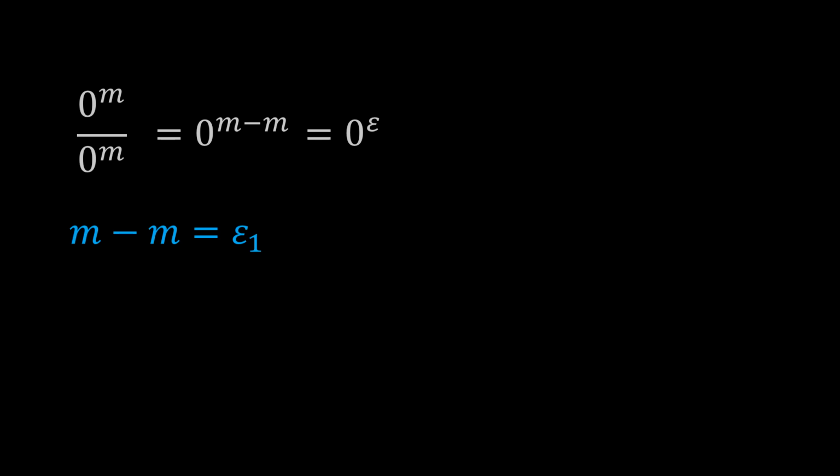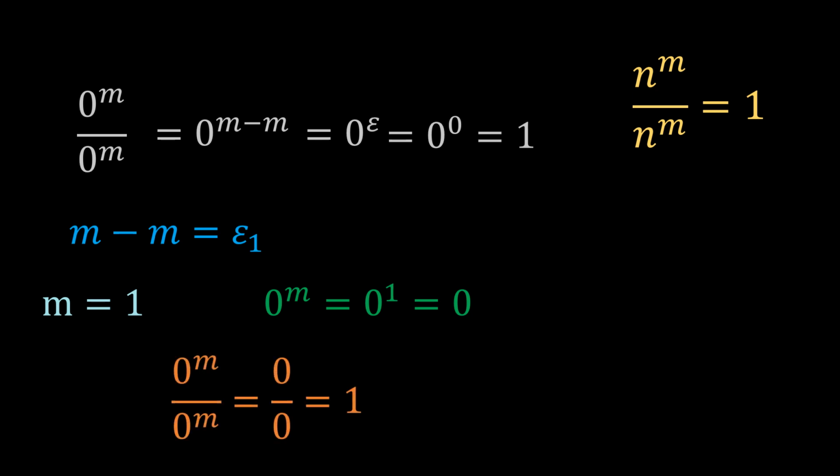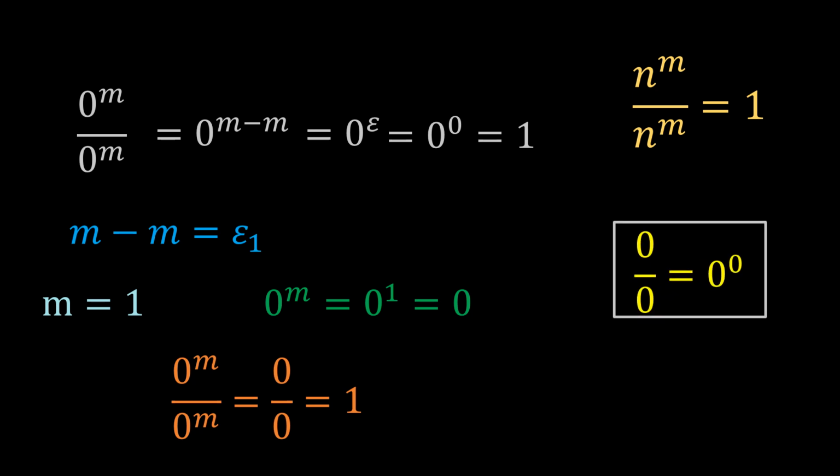From this relation, this should also be equal to 1. For m being well defined for any situation under consideration, or more specifically, for m equal to 1, 0 to the power m is equal to 0. So, 0 divided by 0 is equal to 1.